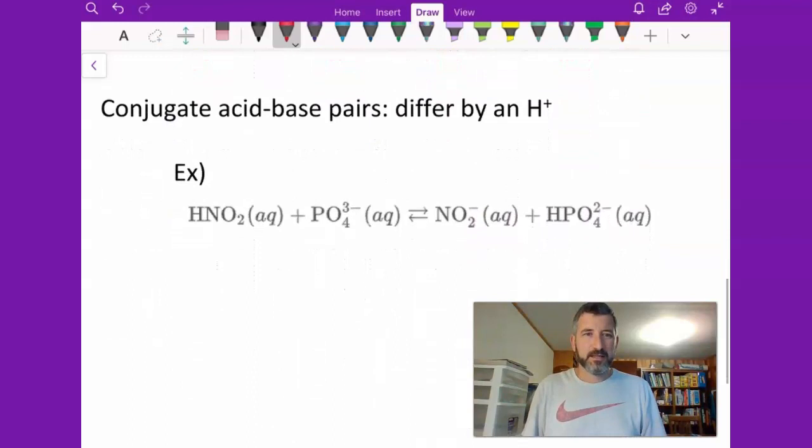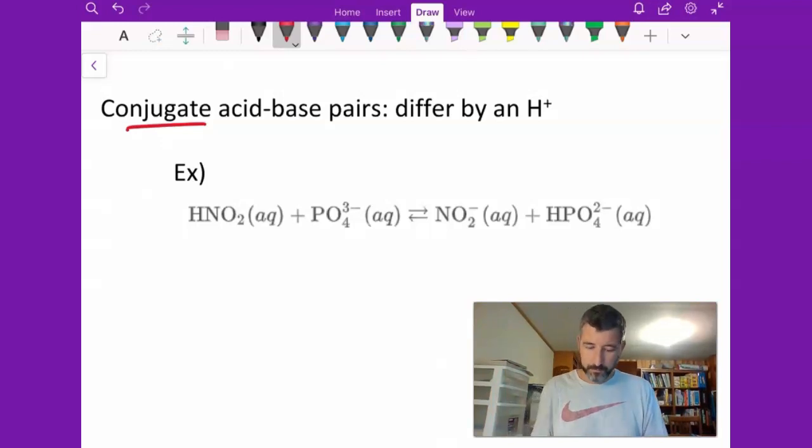Okay, the last little concept here, we have this word conjugate. So conjugate basically just means that in any Bronsted-Lowry acid-base reaction, you're going to have compounds on opposite sides of the arrow that only differ by an H plus.